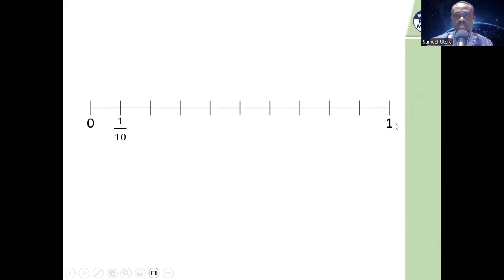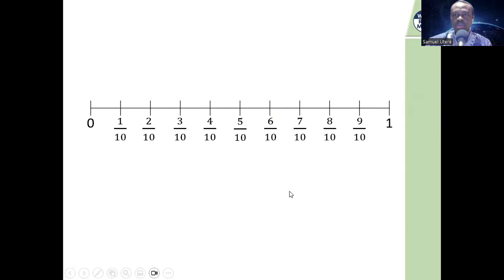So in this case, it is 1. And then we would divide that number by the number of intervals that we have. So here we have 10 intervals. So each interval is 1/10. Now that we have that information, we can complete our number line like this. So each interval is 1/10, so the interval will be increasing each time by 1/10.